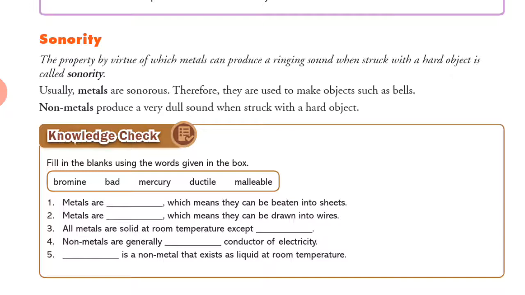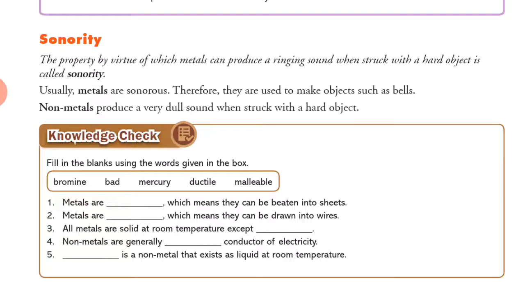And third, all metals are solid at room temperature except mercury. Got it? Non-metals are generally bad conductors of electricity. In the last one, we fill in bromine is a non-metal that exists as a liquid at room temperature.